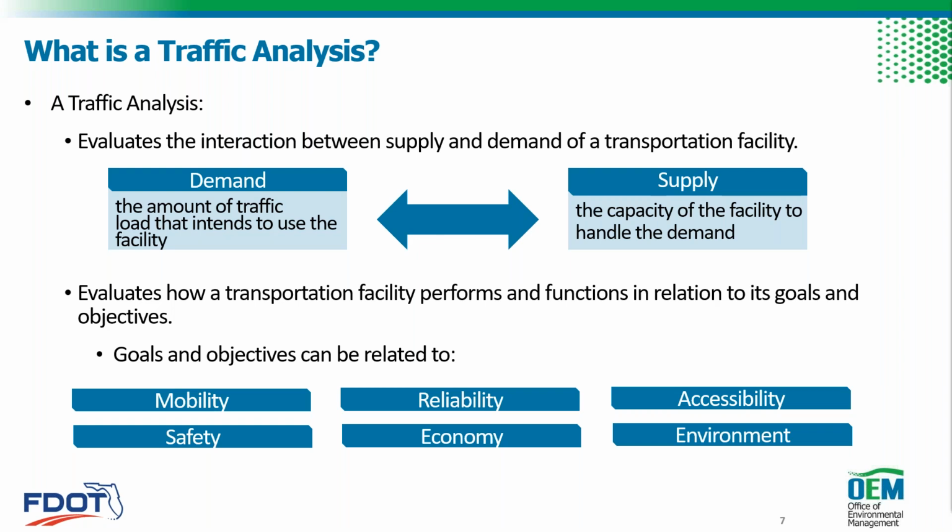A traffic analysis also evaluates how a transportation facility performs and functions in relation to its goals and objectives. And we'll be talking about goals and objectives a lot here. But goals and objectives can be related to any number of things. It's not always level of service and queuing and operations, but it could be safety, environment, reliability, and so on.